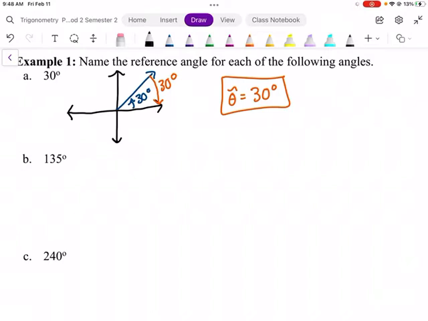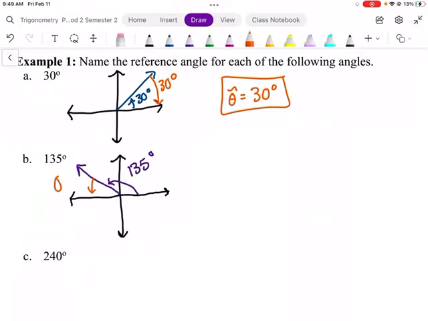If we look at our next example, and if we draw our picture of our angle, 135 would be over in the second quadrant. And we know that this angle is 135 degrees. To find our reference angle, we need to find between the terminal side and the x-axis what that angle is going to be. So that's going to be our reference angle.